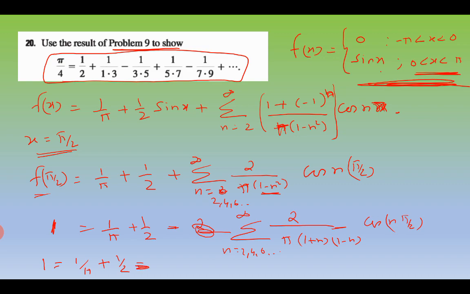This is 1 by pi plus 1 by 2. When n is equal to 2, you will get 2 plus 1, 3, and 1 minus 2, minus 1. So this is minus 2 over pi into 1 into 3. Are you getting something like this with a different sign, isn't it?